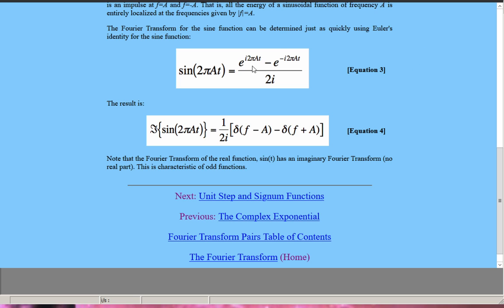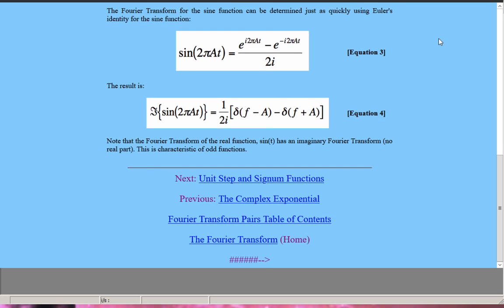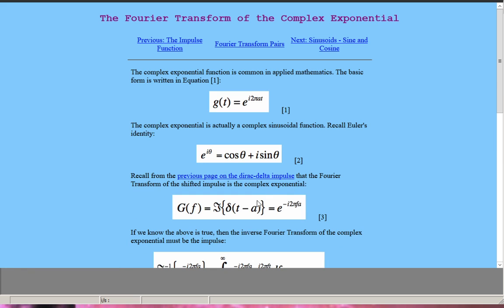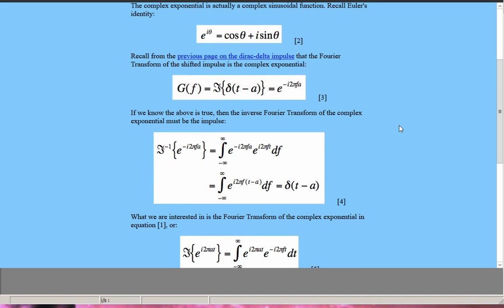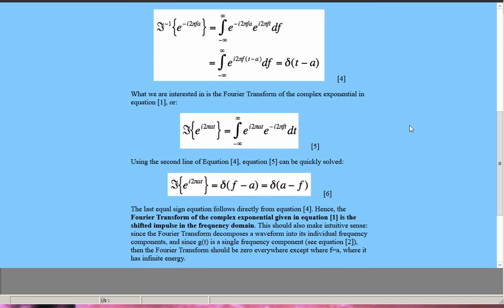I don't know how to do that e to the i value. e to the i theta equals cosine of theta plus i sine theta.